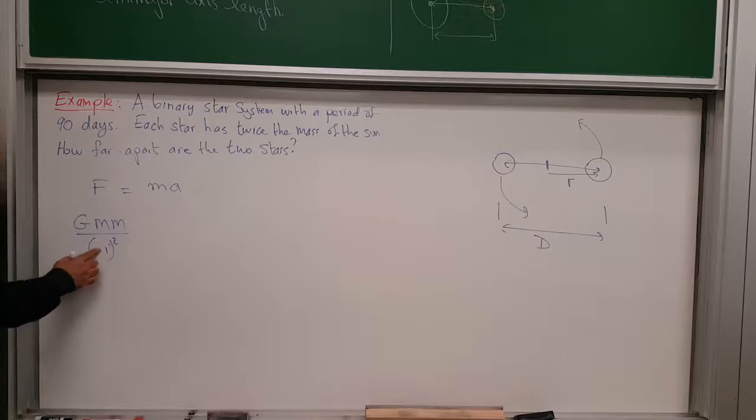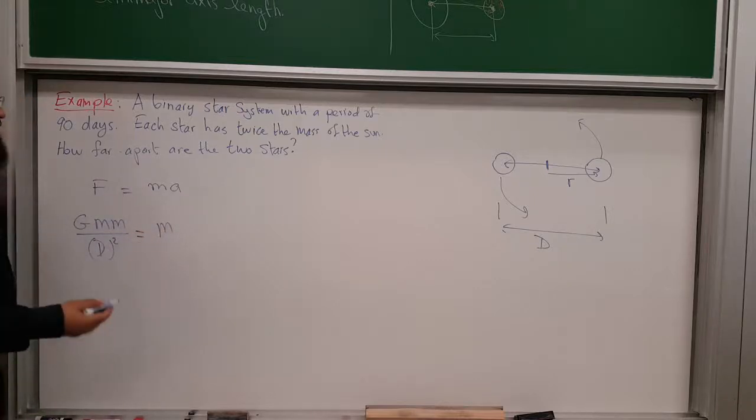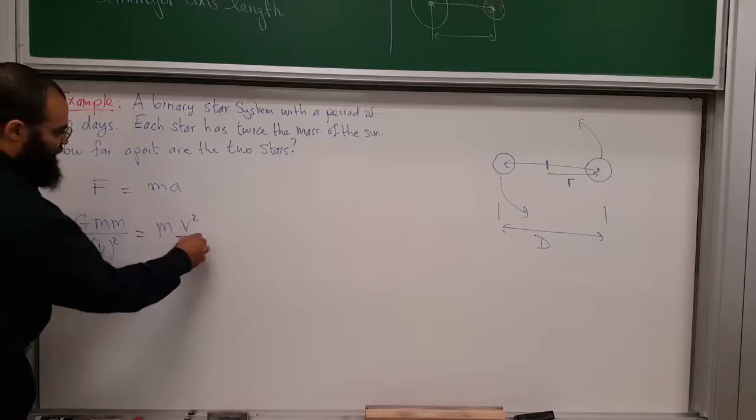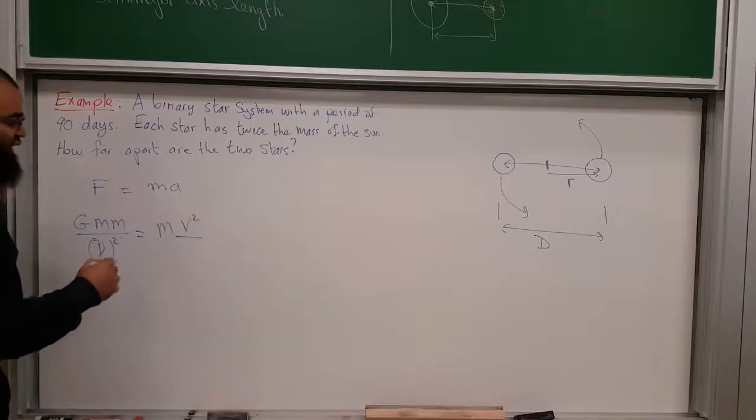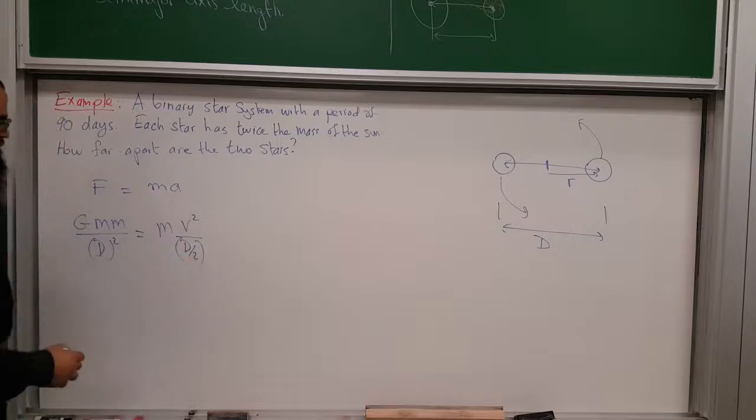So the number we get will be D, just the separation between them squared. Okay. Next, the mass times acceleration. The acceleration is v squared over r. So I have v squared divided by the radius, by r now, not by D. But r is D over 2. The radius is D over 2.